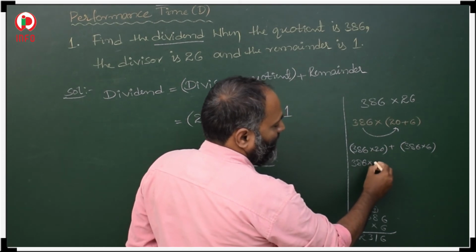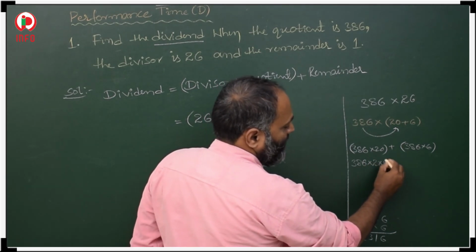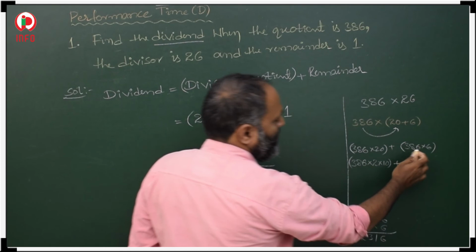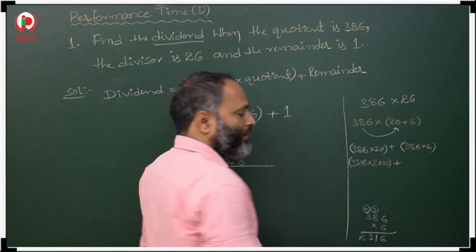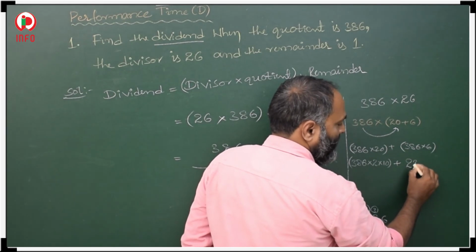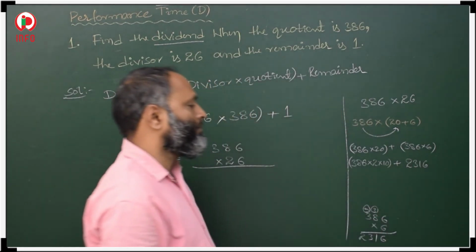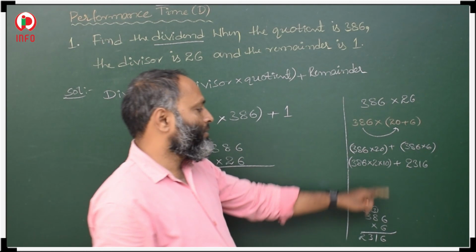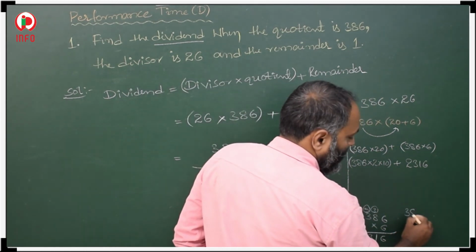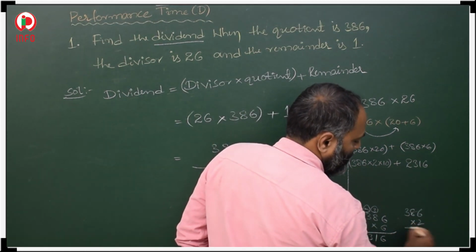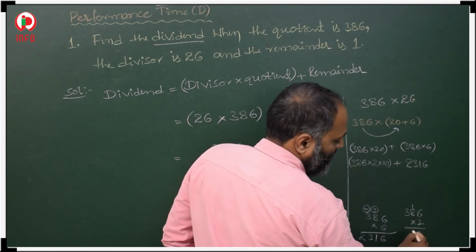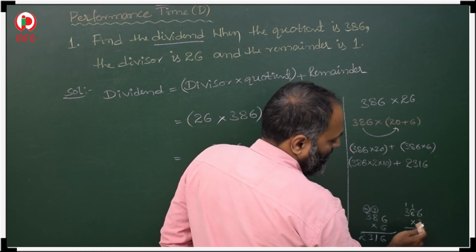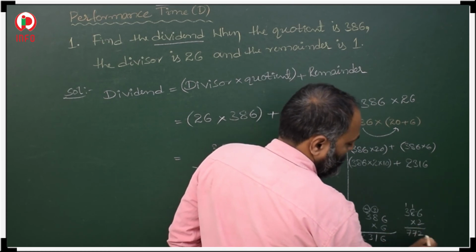386 into 20 means 2 tens are 20, plus the product of 386 with 6, which is 2316. Now we have to find 386 twos. 386 into 2: 2 sixes are 12, 2 eights are 16 plus 1, 17, 2 threes are 6 plus 1, 7.